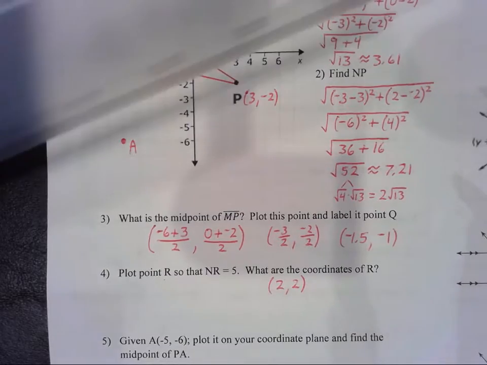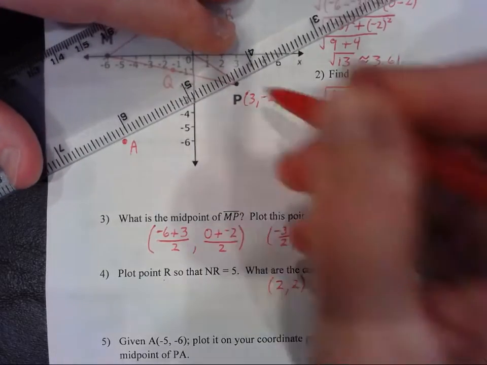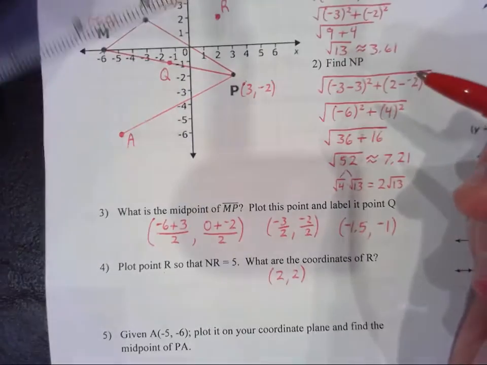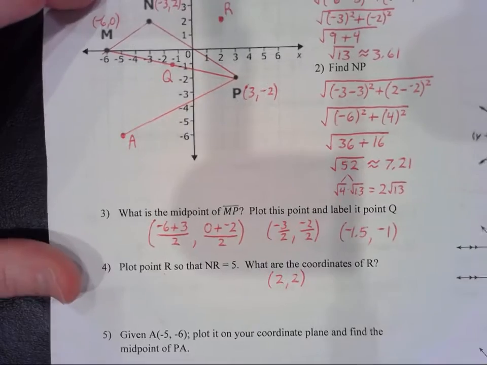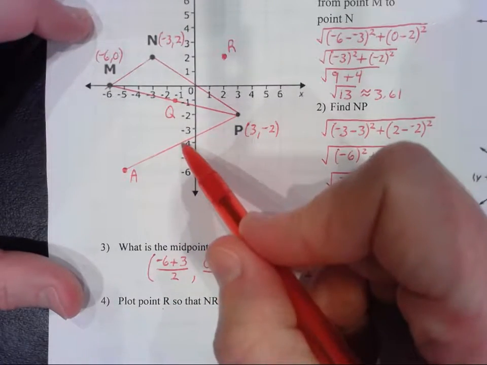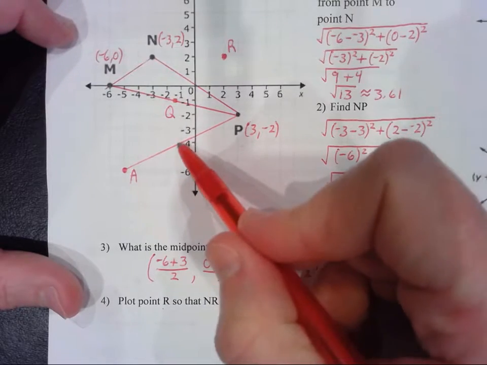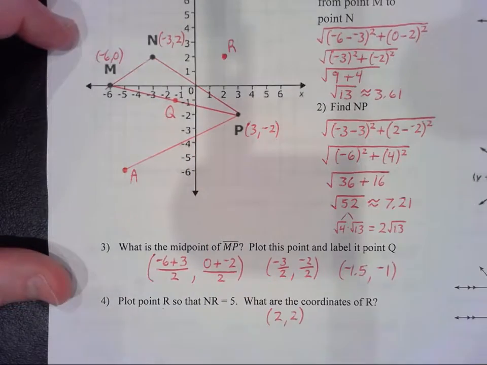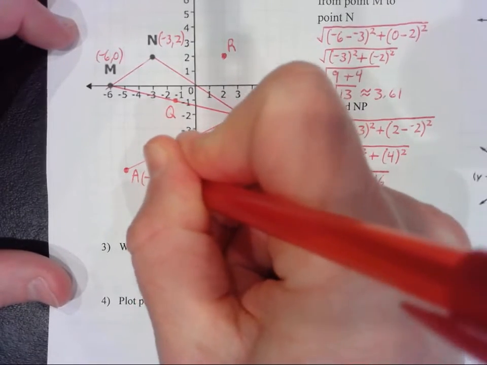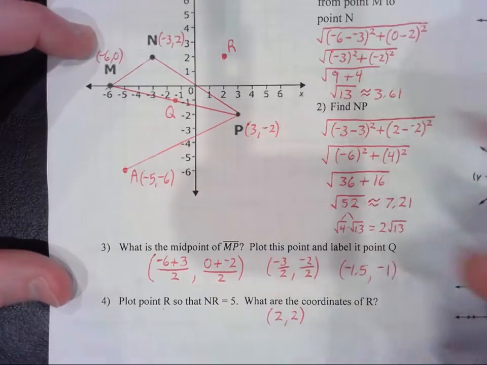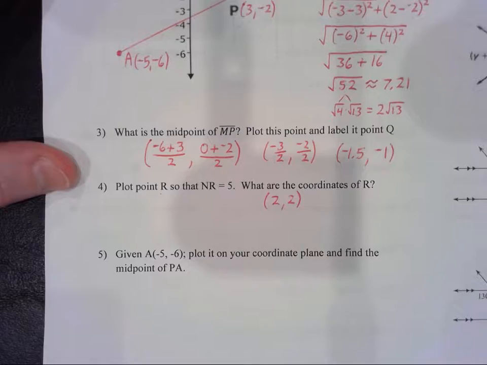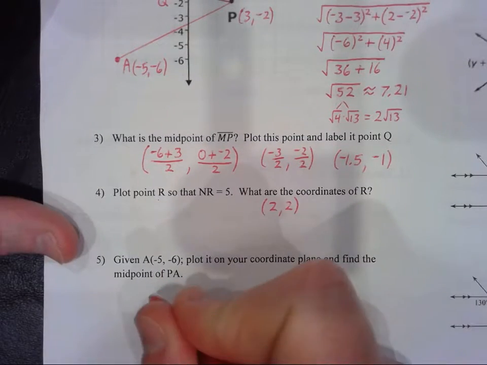And now I want to find the midpoint of PA. So the middle of PA looks like somewhere around -1, -4. So let's use the coordinates for A and P to find the midpoint. So I want to take the x-coordinates and add them together.